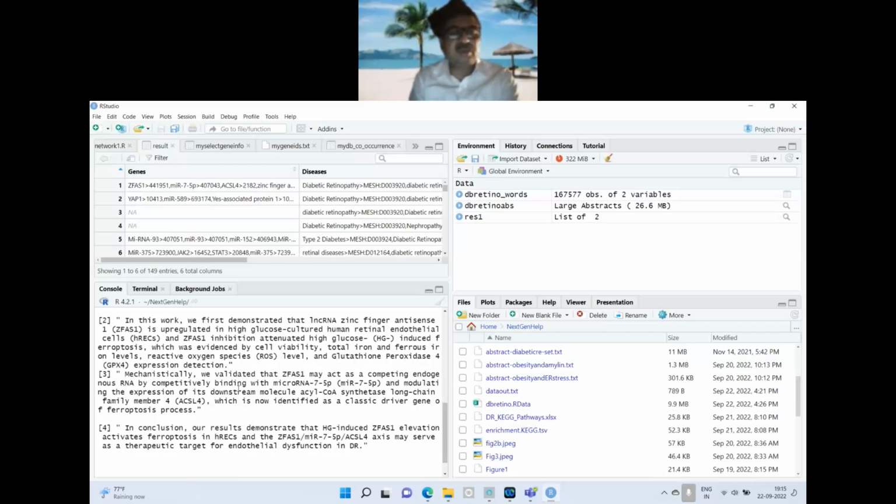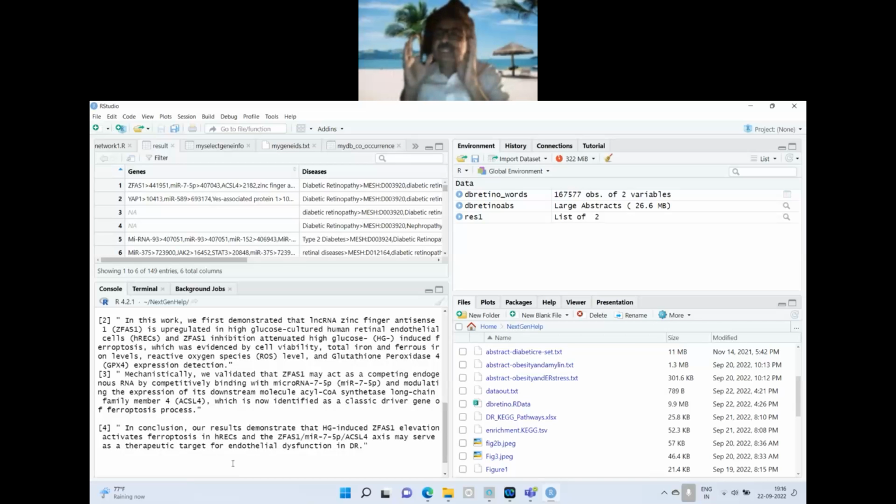And then finally, in conclusion, it says that whatever experiments and work they did, our results demonstrate that high glucose, HG is high glucose, you can see here, induced ZFAS1 elevation, activates ferroptosis in HRECs, which are human retinal endothelial cells, and the ZFAS1 microRNA ACSL4 axis may serve as a therapeutic target for endothelial dysfunction.